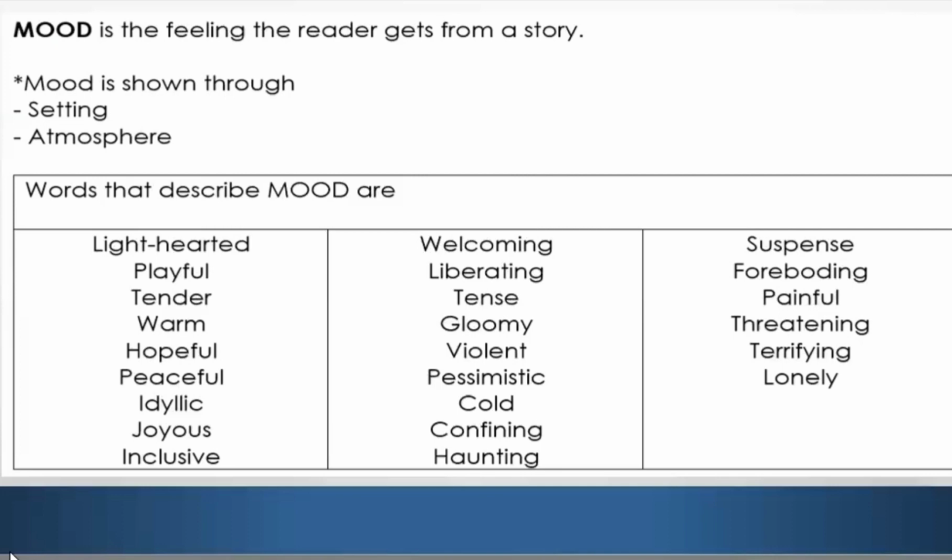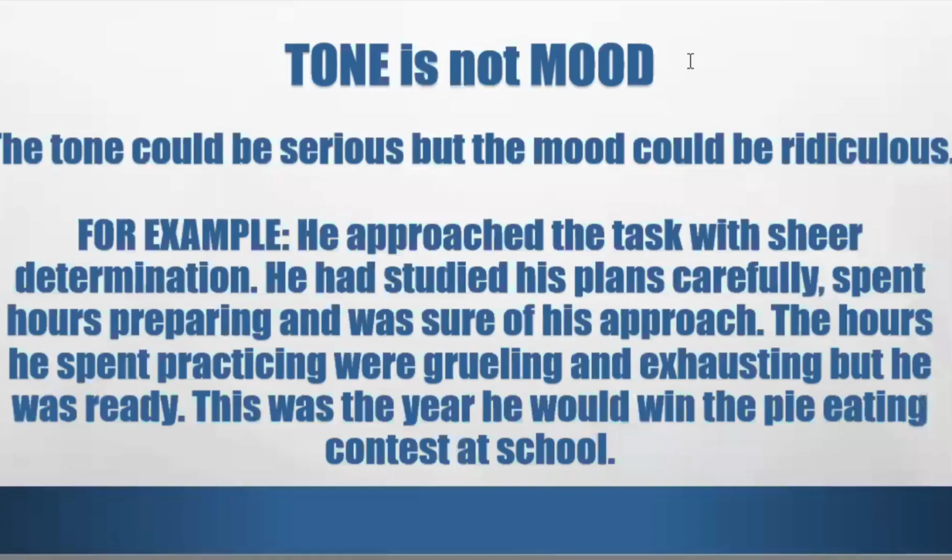While mood has something to do with the atmosphere of the event, scenario, or situation of that specific setting. Understood? All right. So this time, tone is not mood. Why?